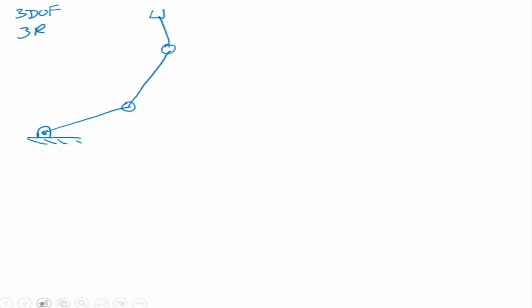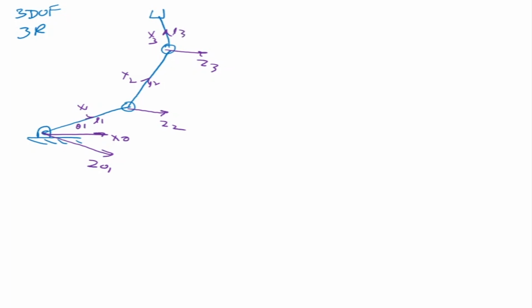I have already written down the matrix and assigned the frames. So Z0, Z1, Z2, Z3, X0, X1, X2, X3, and this is my L1, L2, L3, and this is my theta1, theta2, and theta3.